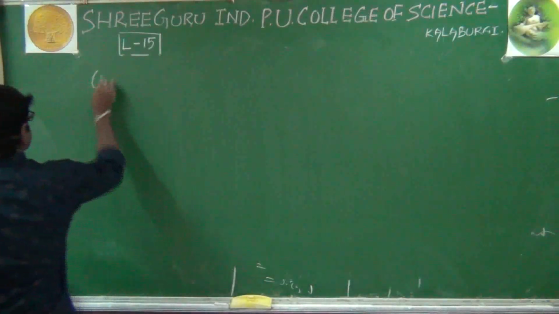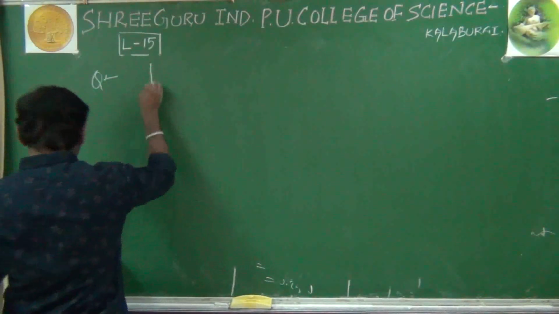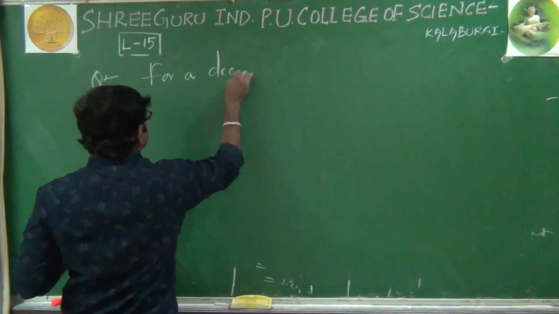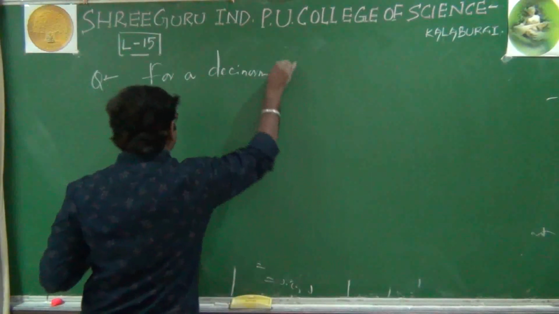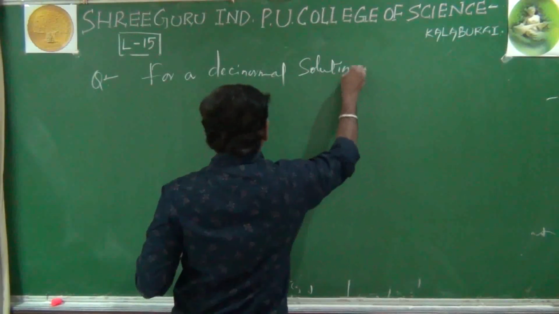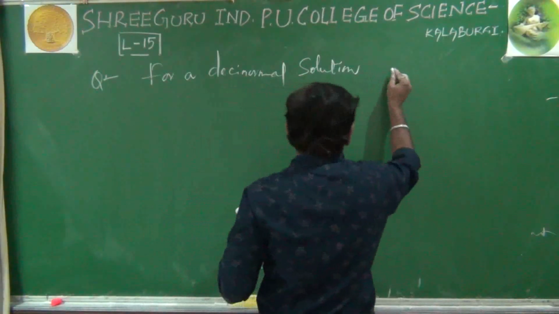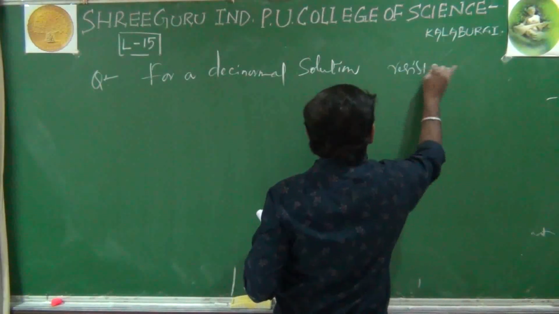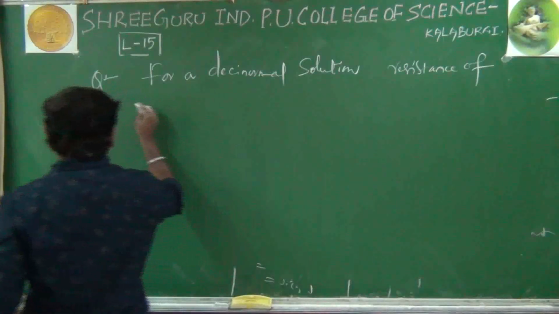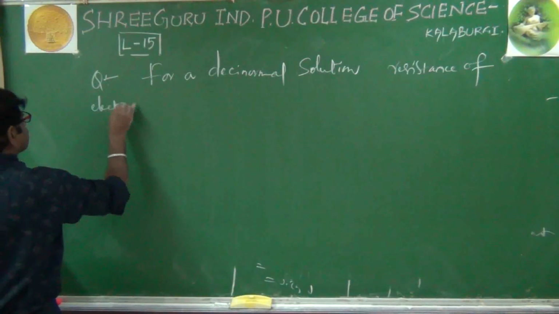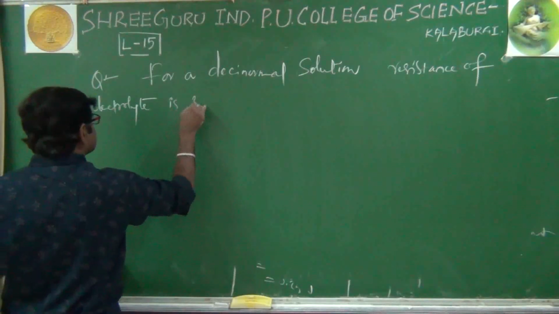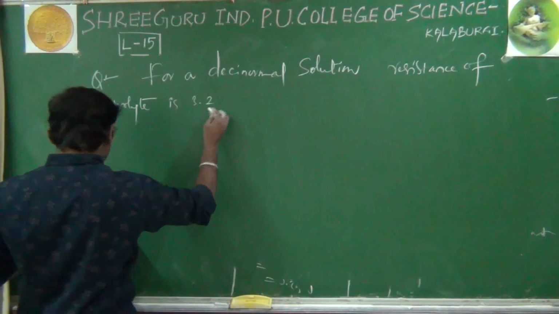Next question is like this: for a decinormal solution, the resistance of the electrolyte is 3.2 ohms.